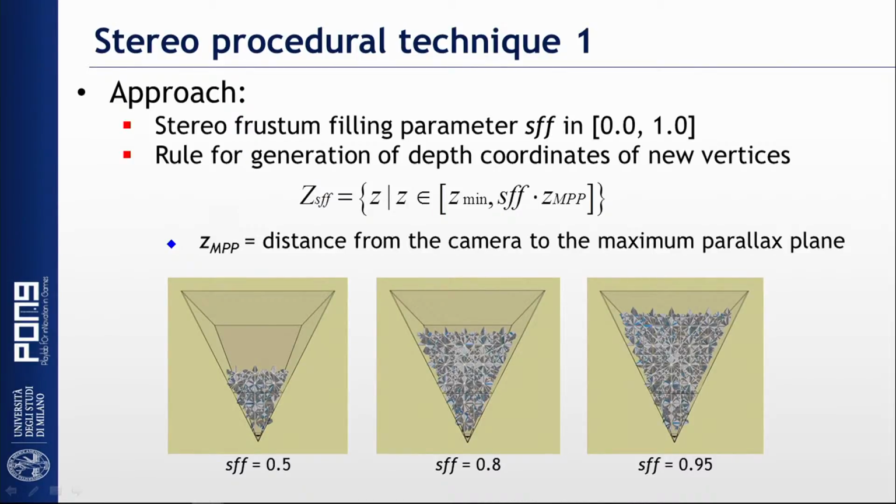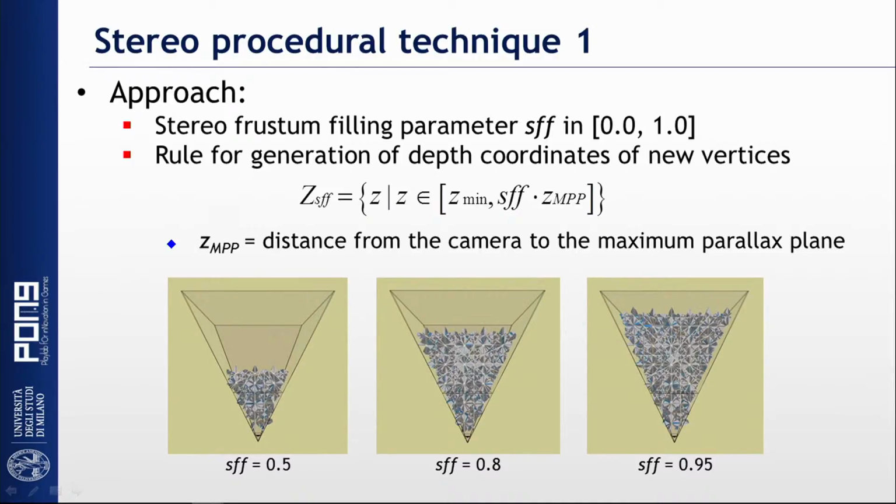And the maximum is given by this, where this one is the distance from the camera to the maximum parallax plane. And I can calculate it because it's based on the FOV of the camera, the convergence, the distance of the convergence plane, the size of the sensor, so you can go to the magnification factor, the size of the final image on the screen. All these parameters are known in a computer graphics setup.